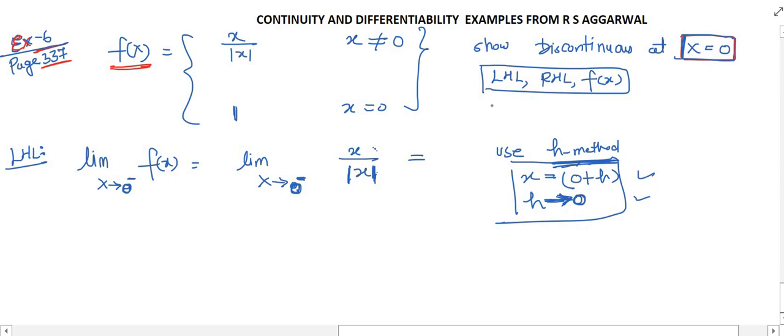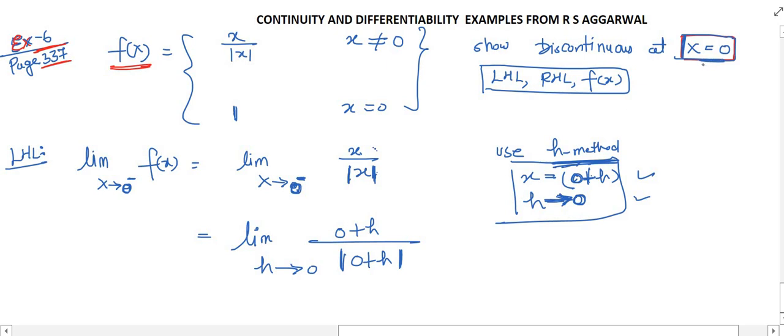Okay, so to solve by H method, let us see the steps. We will write limit is changed to h is tending to 0 and x is replaced by 0 plus h by mod of 0 plus h. Okay, remember one thing, why we are taking 0 plus h, because we have to test the continuity at 0.